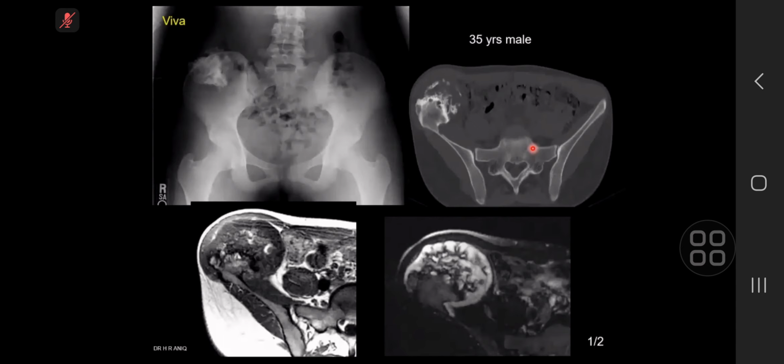On the CT, the lesion appears to be pedunculated with more lucent areas anteriorly. On the T1 and STIR images, I can see a cartilage cap which is enlarged and concerning for a malignant transformation. Excellent. I stop here. Well done.